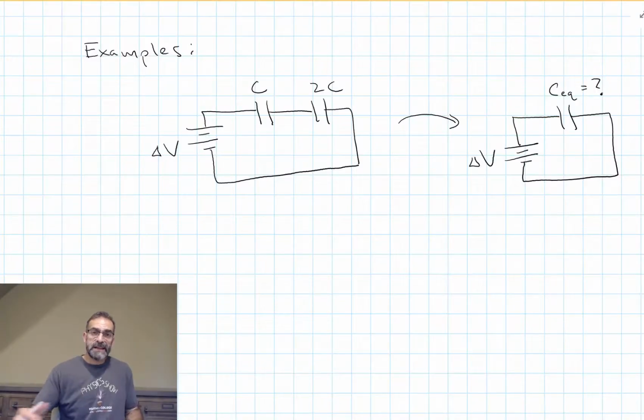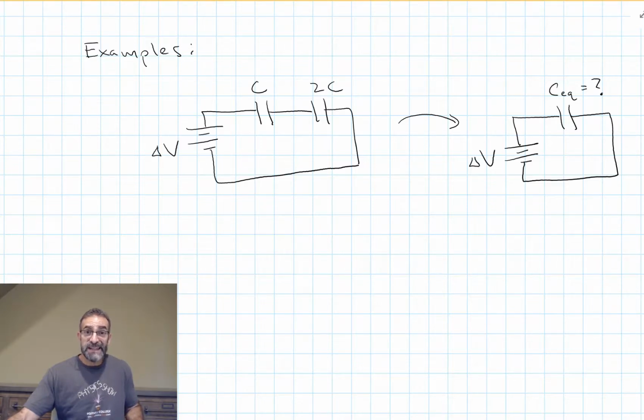Let's say I want to make this circuit on the left. 2 capacitors hooked up in series. One's twice as big as the other one. But I look in my drawer and I can't find capacitors that are those values. But I have lots of capacitors to choose from. What equivalent capacitor can I use with the same battery that will store the same amount of charge as these 2 capacitors in series?